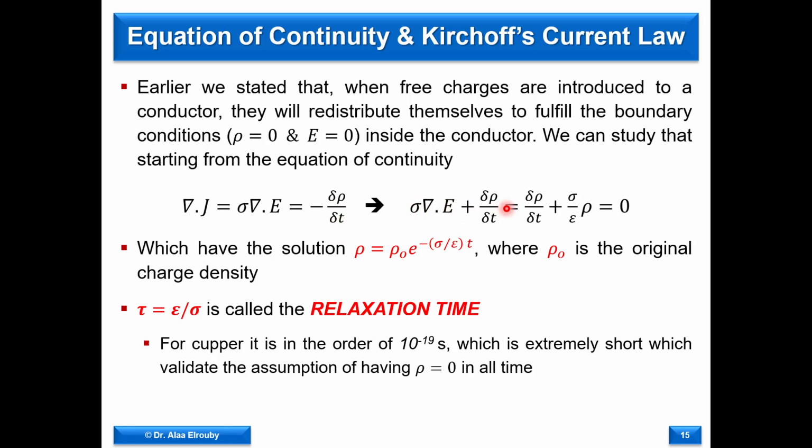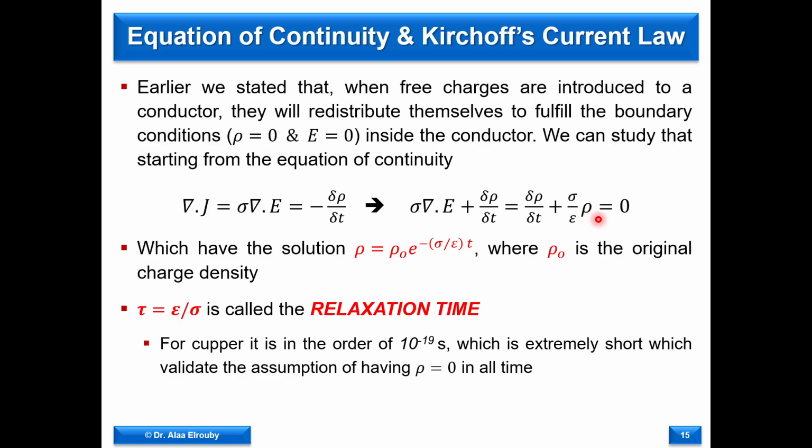So we write it this way, and we can divide both sides by epsilon. We know that divergence of E equals rho over epsilon. So we have rho over epsilon plus partial rho partial t equals 0.